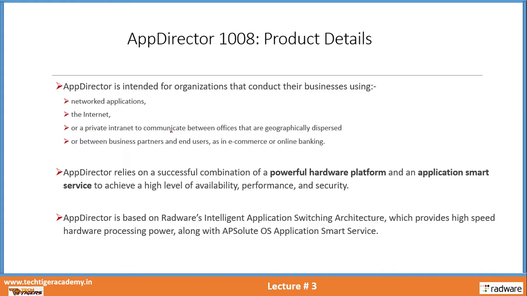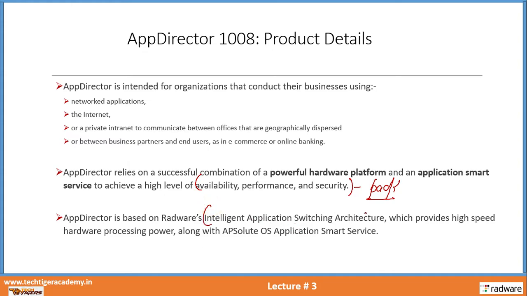App Director relies on a successful combination of a powerful hardware platform, which comes in a chassis, and an application smart service. It's a kind of soft module to achieve a high level of availability, performance, and security. App Director is based on Radware's intelligent application switching architecture.